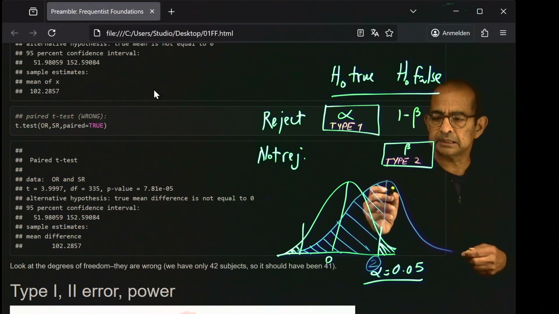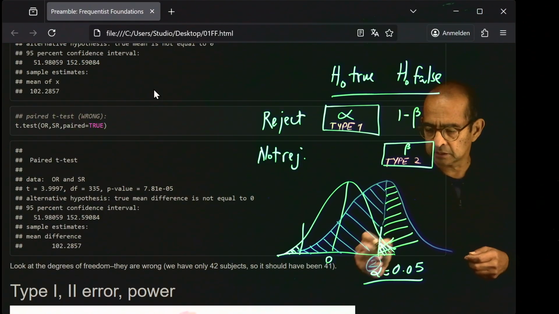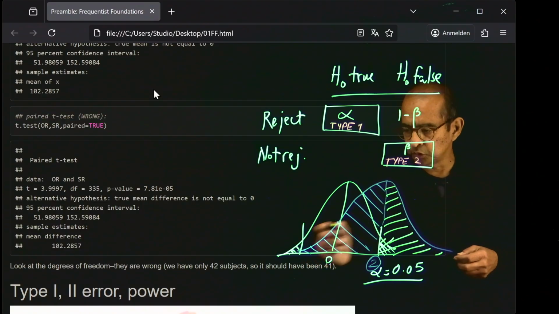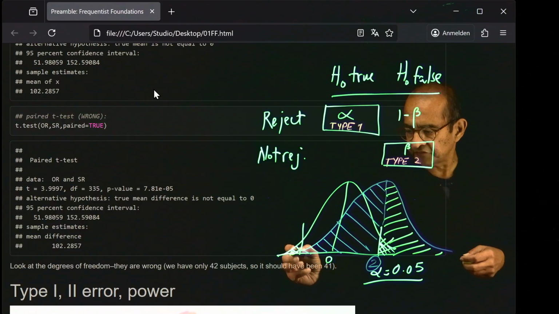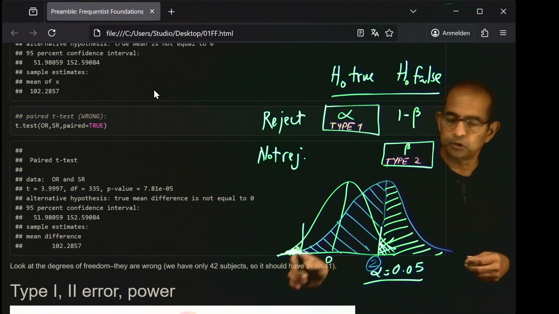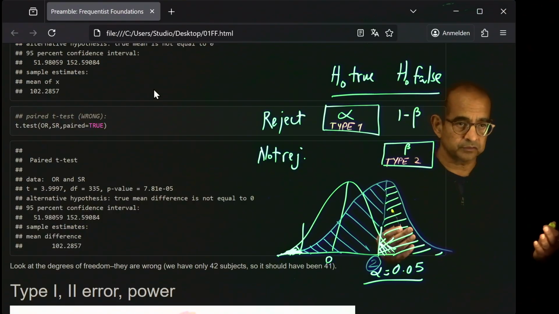And that probability is the area under the blue curve, to the left and right, of the blue distribution, which represents the situation where the null is false.